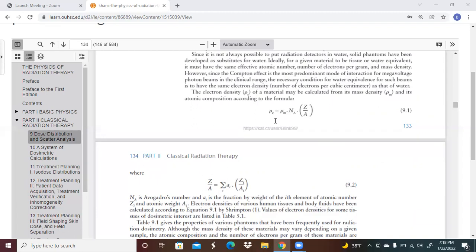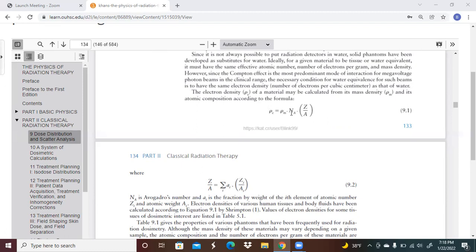For megavoltage beams in the clinical range, we are looking at the Compton effect. And the necessary condition for water equivalence for these beams is to have the same electron density, or the number of electrons per cubic centimeter, as that of water. So how do we go about calculating the electron density?